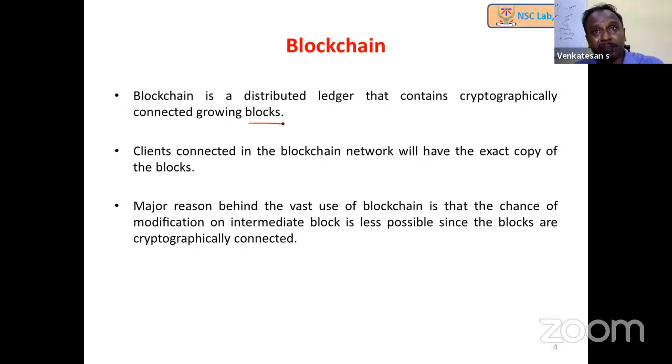There you have to traverse the complete chain to find out what transactions were made. So like this, there is an efficiency drawback between the relational database management system and the blockchain storage.